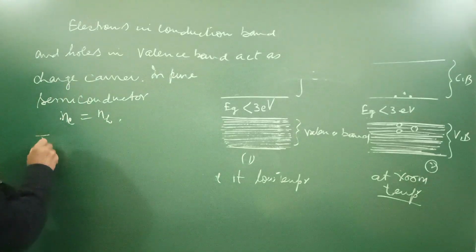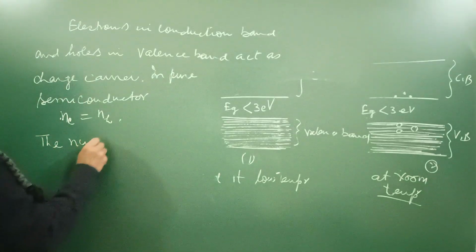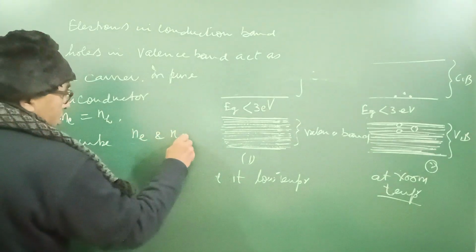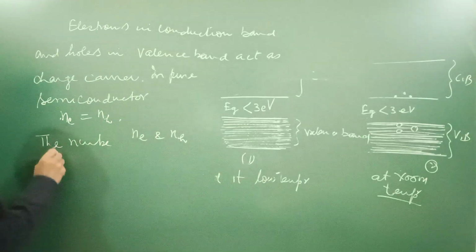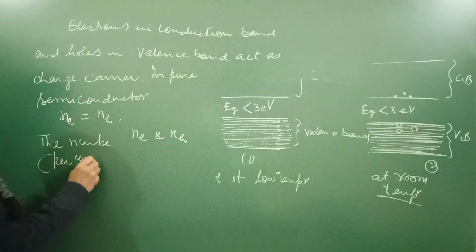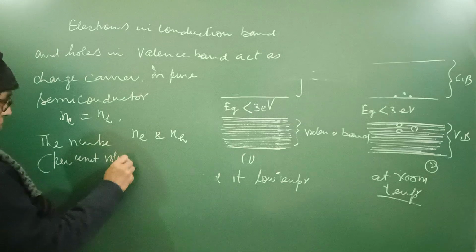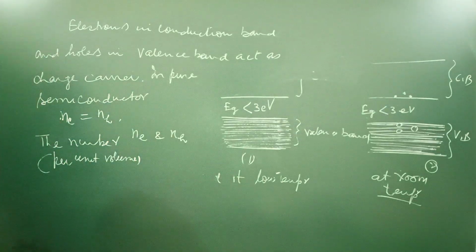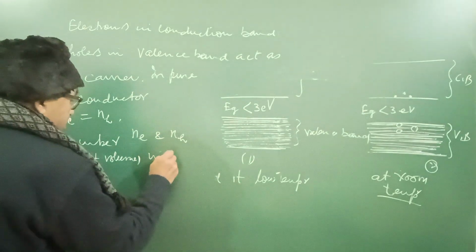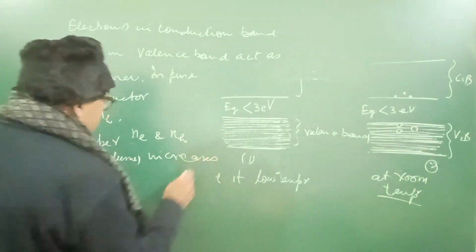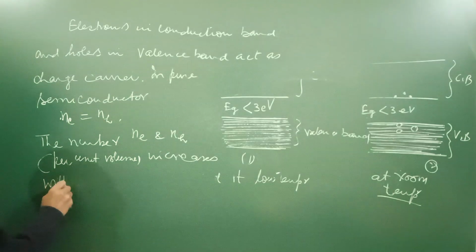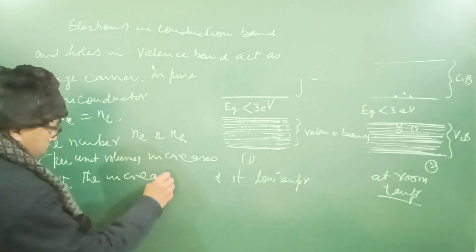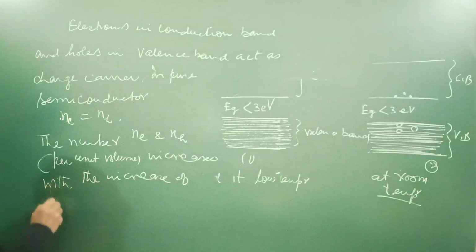The numbers Ne and NH, again per unit volume, increase with the increase of temperature.